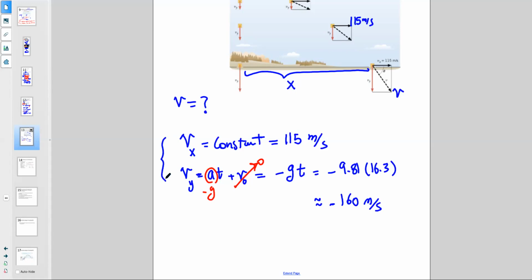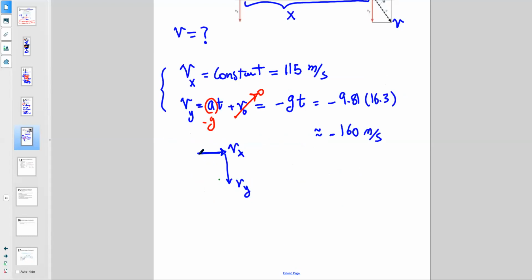But the problem is not asking for along the y or x. It's asking for v. But something that we know from our vector analysis is that these two vectors are making a triangle. I have a vector v of x along the x direction and v of y along the y direction, and I can easily find v because this is a right triangle, a 90 degrees triangle.